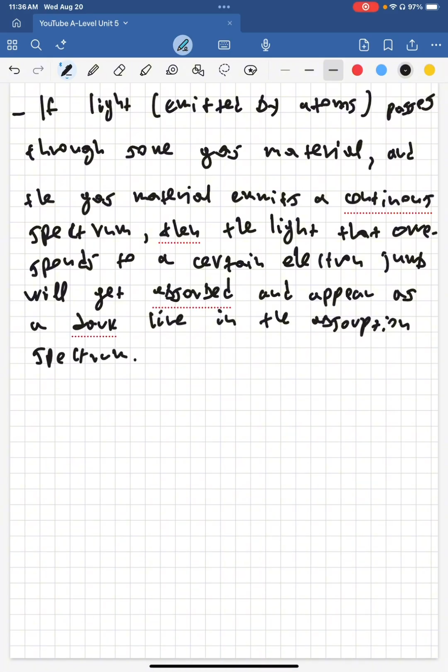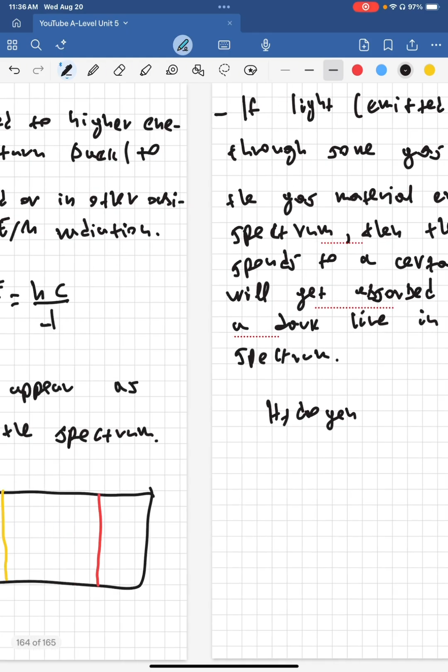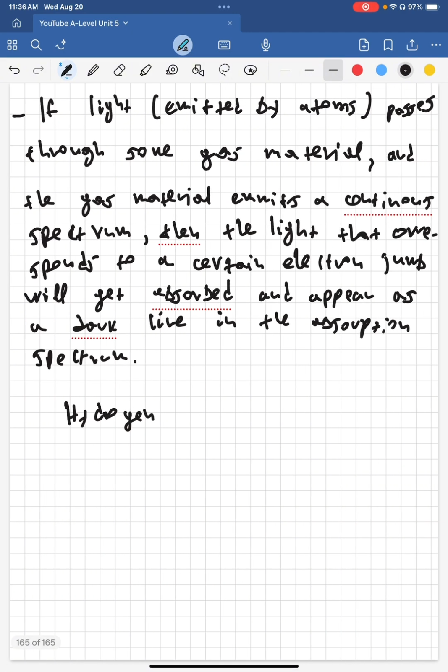And to understand this, imagine that you have a hydrogen gas, okay? Hydrogen that emits some lines that are discrete, as we discussed earlier. But then this light emitted by the hydrogen gas passes through the outer layers of the atmosphere of the sun, for example.